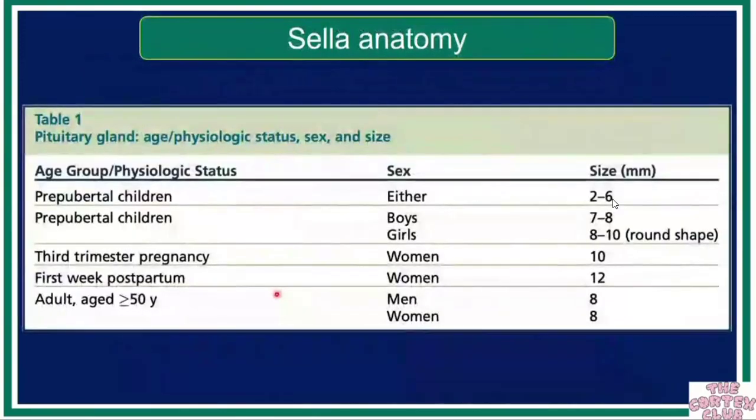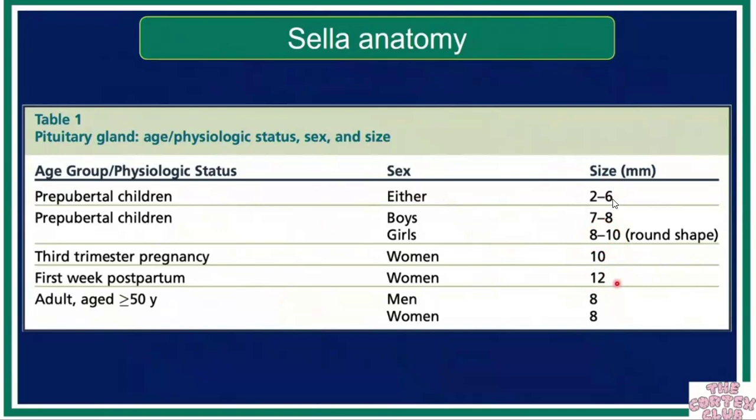Then, since we are talking about the normal pituitary, it's important to know the size of the pituitary gland. So these are the different ranges of the size of the pituitary gland, and it is most prominent or most bulky in prepubertal children, in third trimester pregnancy, and in the first week postpartum, when the hormones are flowing from the pituitary gland.